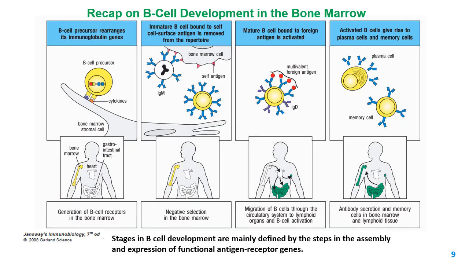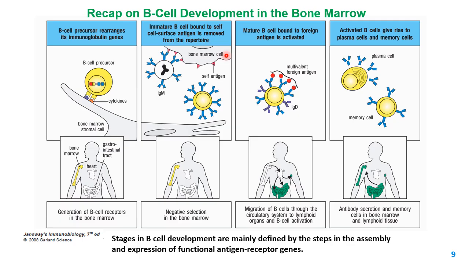All right. Recap: what is happening with this journey of your B cell? Remember, the B cell develops in the bone marrow, and there it undergoes the process of negative selection.